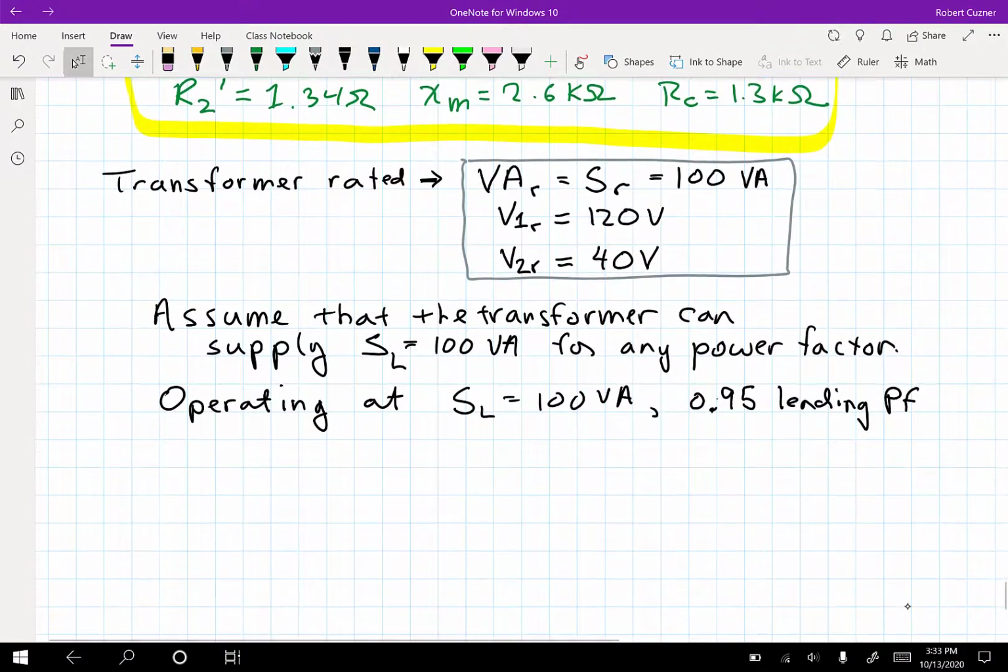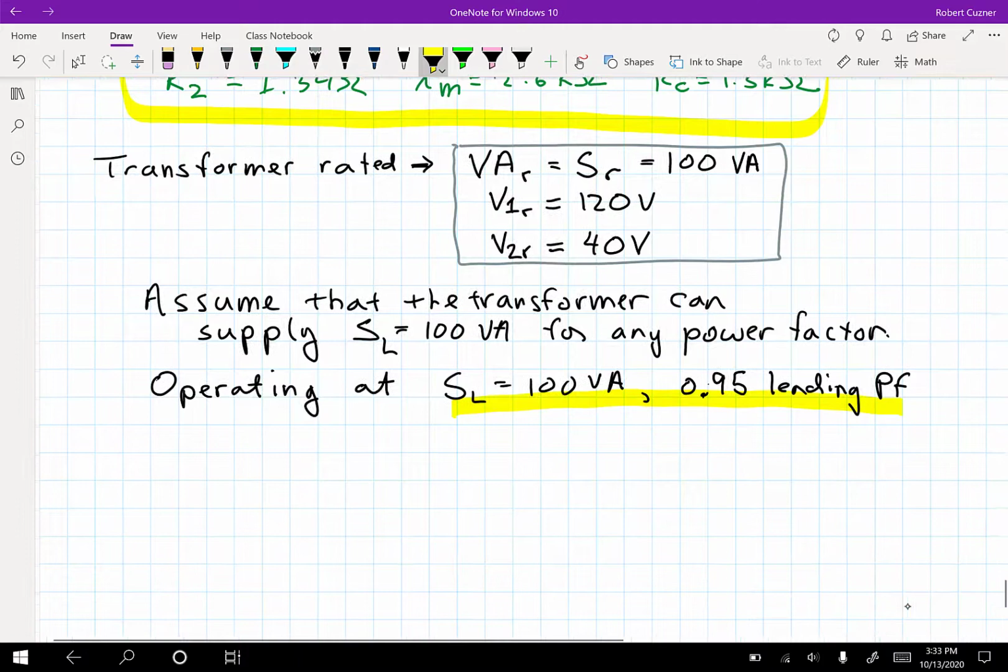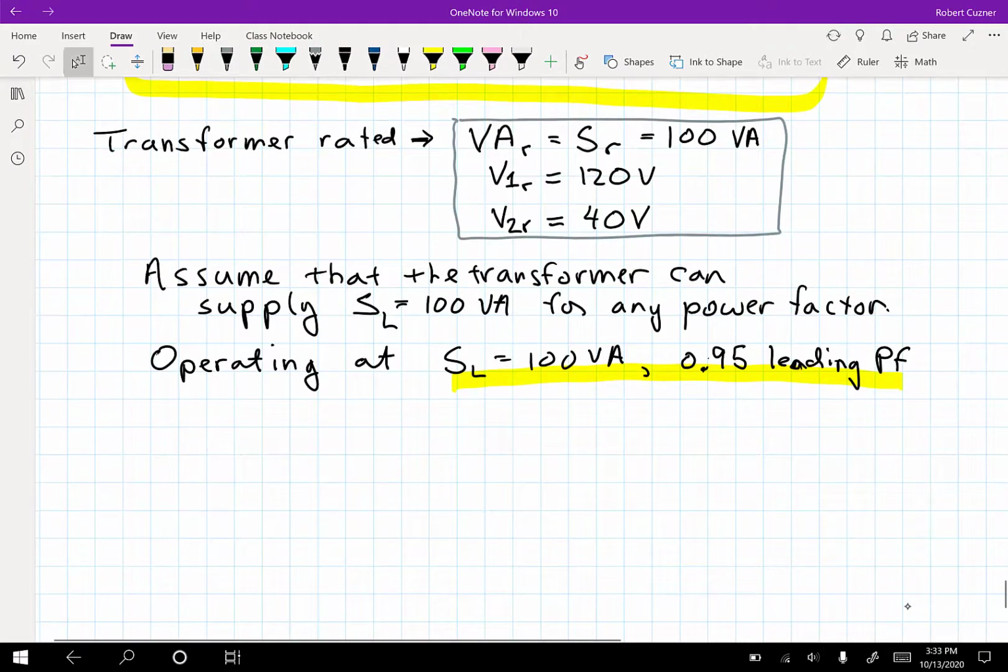Now when you look at this problem, there's really two ways to solve it. There's the one that takes 1 page, and there's the one that takes 3 pages. So I'm going to show you the way to do 1 page.